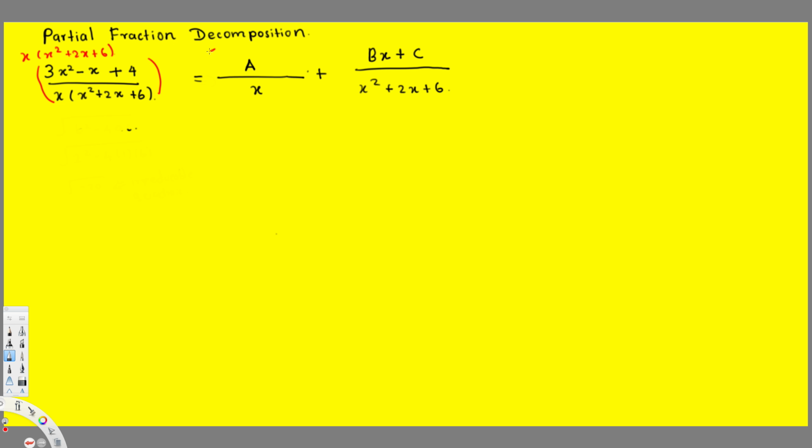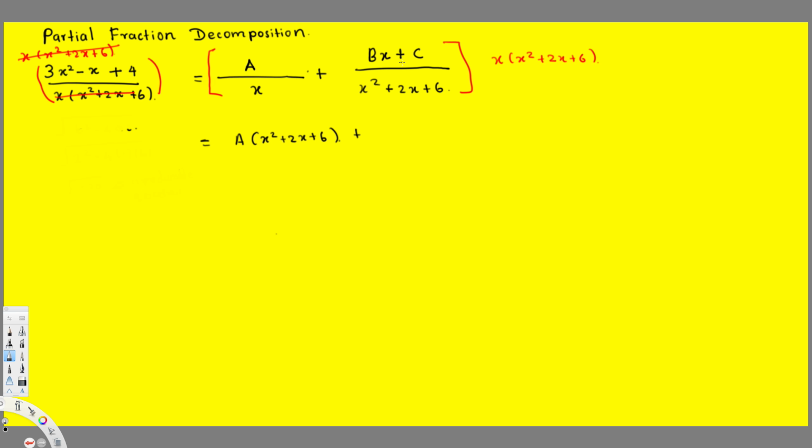If I do this side, this will cancel, and if I do the other side, I will get a times x squared plus 2x plus 6, because x cancels and we are left with this one.